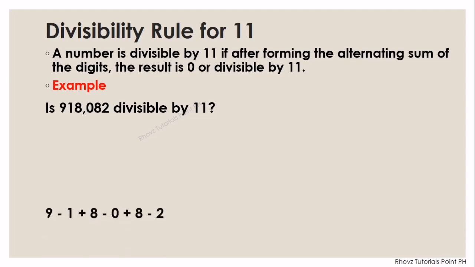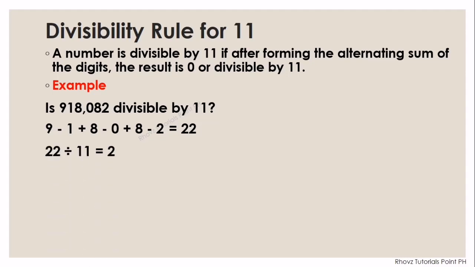So, ganito siya. 9 minus 1 plus 8 minus 0 plus 8 minus 2. So, alternate yung addition and subtraction. So, 9 minus 1 is 8, plus 8, 16, minus 0, 16, plus 8, 24, minus 2, 22. Kung yung sagot ay 0 or divisible by 11, ibig sabihin yung number na yun is divisible by 11. So, 22 is divisible by 11.